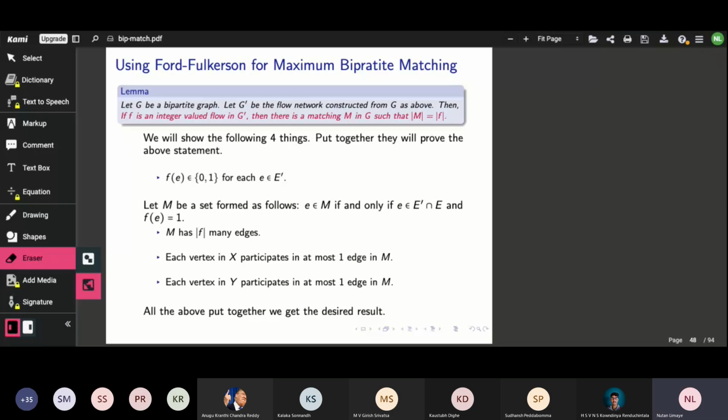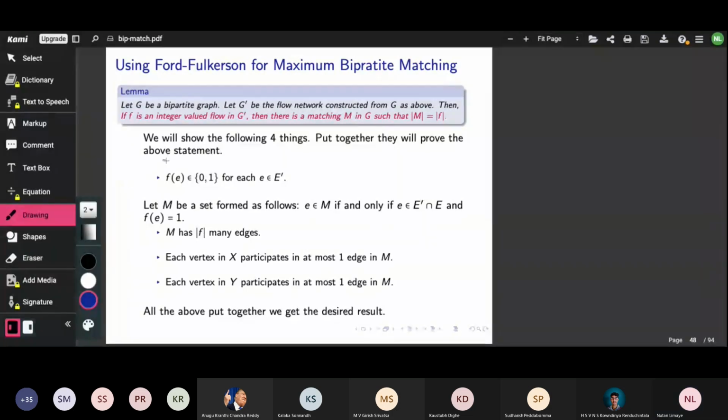The only catch is that M may not be very well defined. If I only show these last 3 things, then it's not clear that M is well defined.